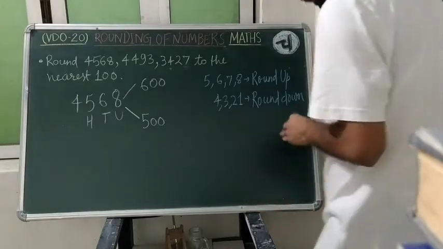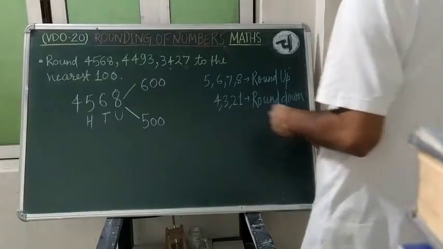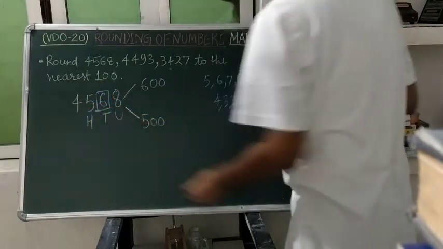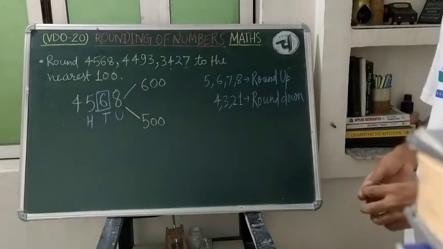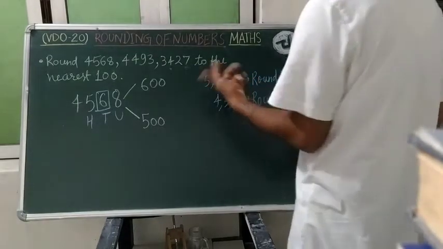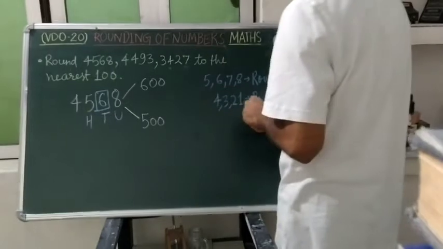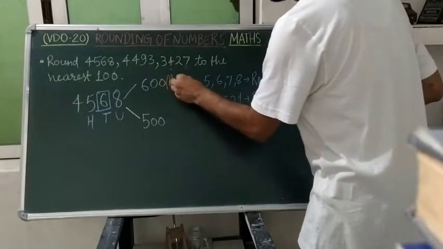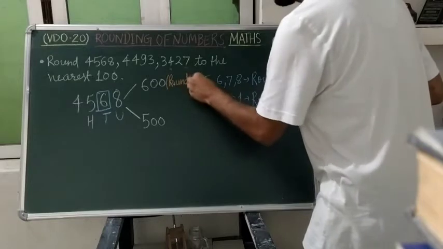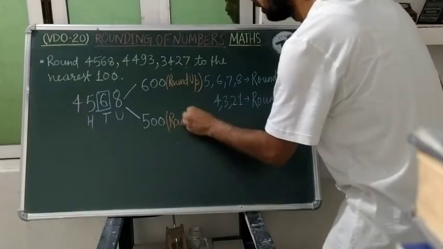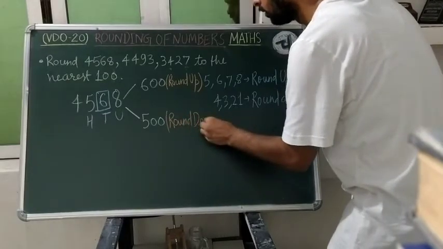Next task is to select the number present on the right side. The number present on the right side is 6. So for 6, what will we do? It's nothing but round up. Round down would be for the smaller digits.